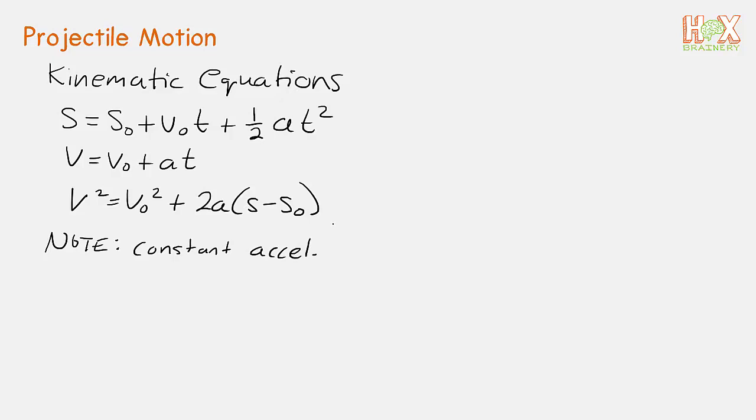Since we have two components, we're going to use basically two sets of these equations, one for the x direction and then one for the y direction. So I'm going to do the x direction first. So looking at the first kinematic equation, I'm going to basically replace s with x.